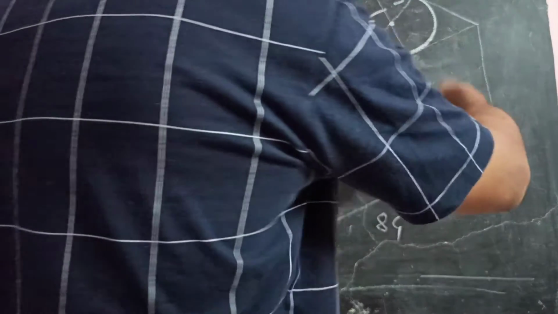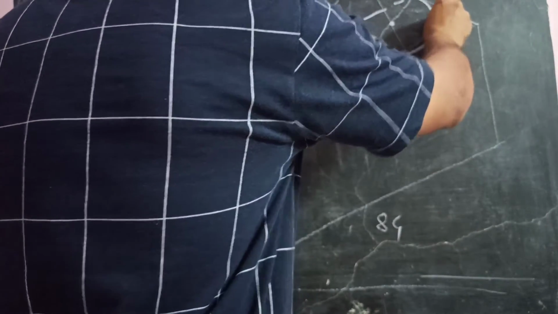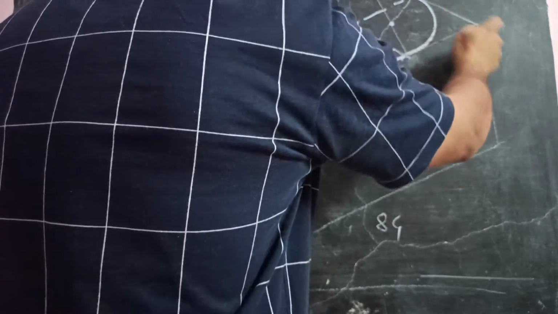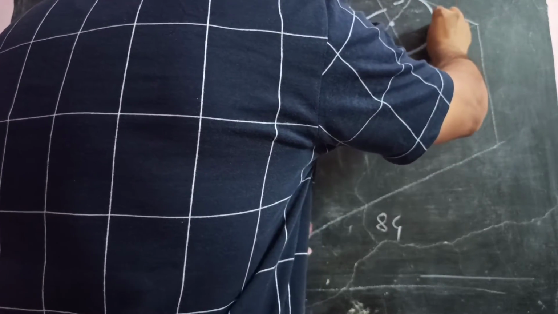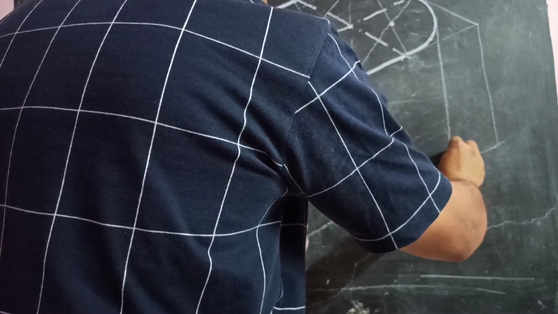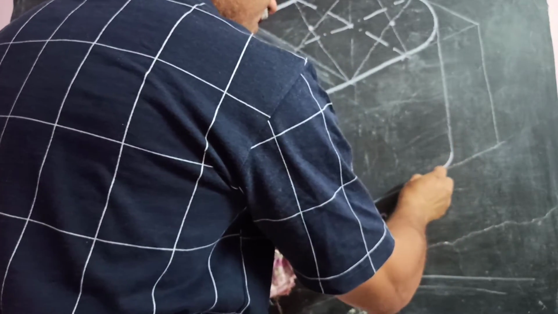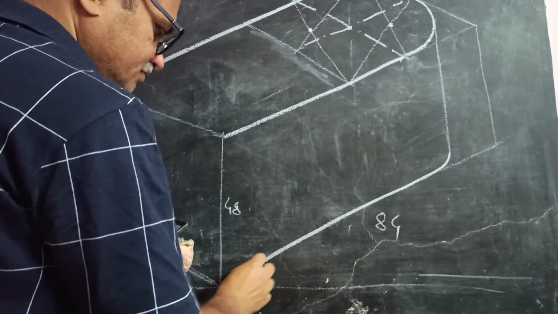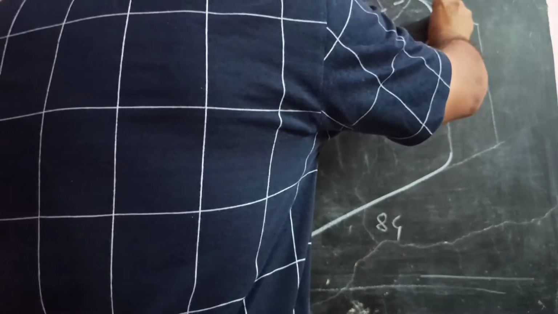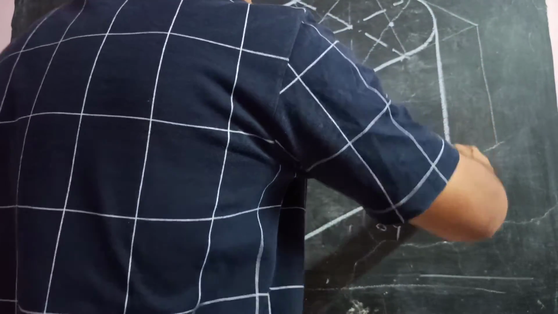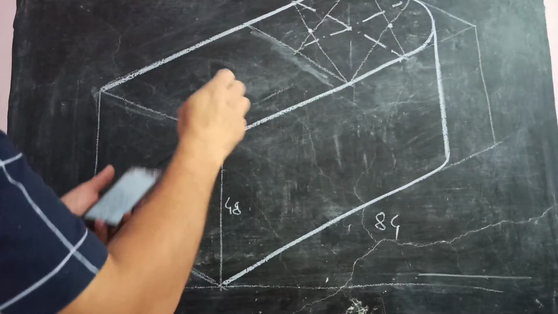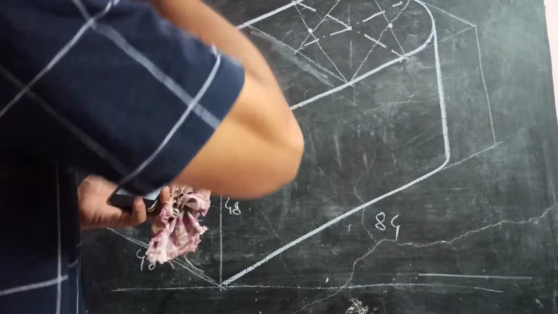Then to finish with this, you can draw a line tangential to this curve, parallel to this, like this, and here you can make just a round by freehand like this. So this line should be tangential to this curve. So this is the semicircle.